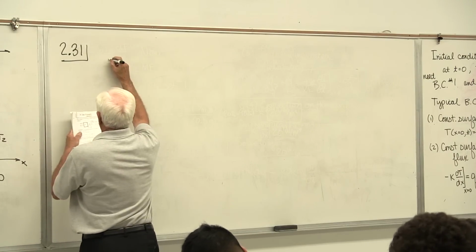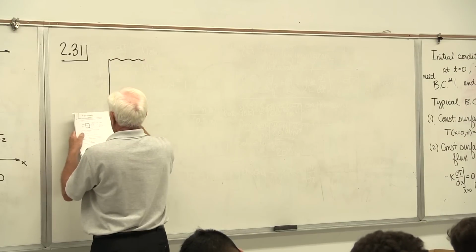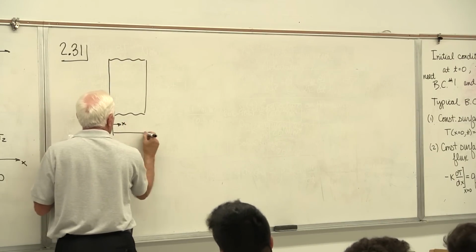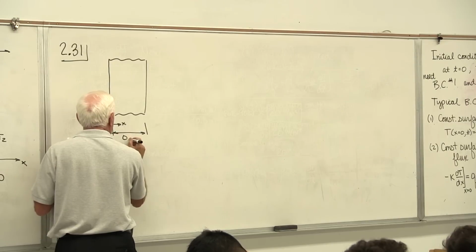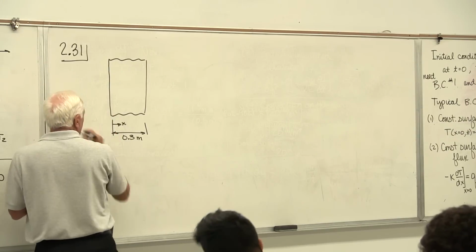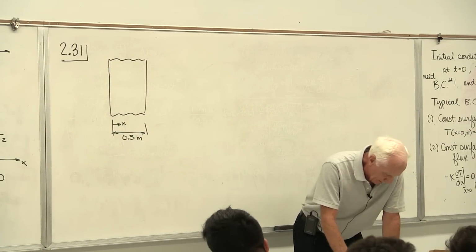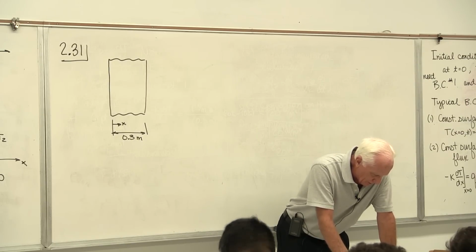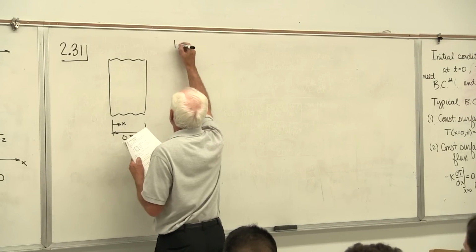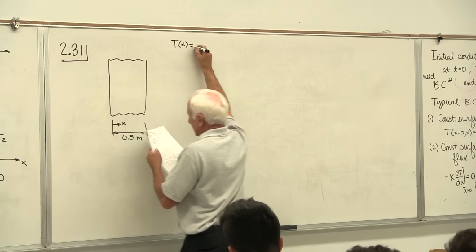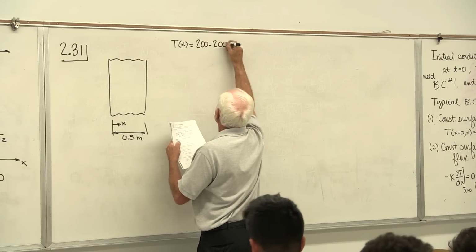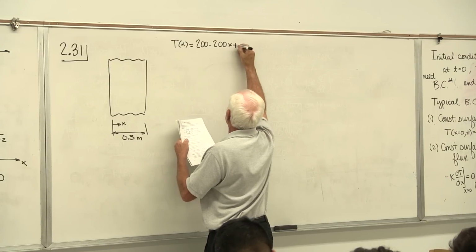We have a wall, and the wall is 3/10 meters in thickness, and that's L. The temperature distribution across a wall at a certain instant of time is a function of x: T equals 200 minus 200x plus 30x squared.